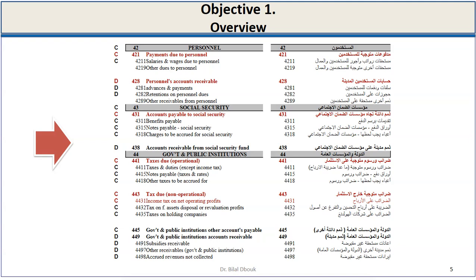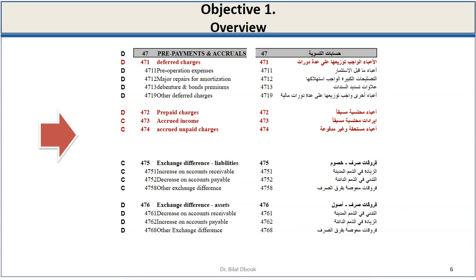Also, in this chapter, we will use accounts related to deferred charges. These are charges that we will distribute over different accounting periods. Also, account 472 related to prepaid charges, 473 for accrued income, and 474 for accrued unpaid charges or expenses.